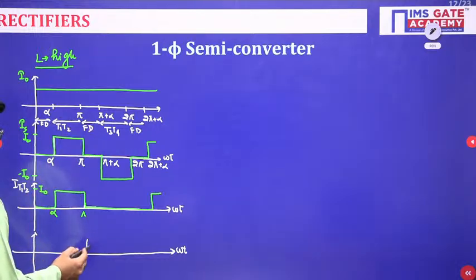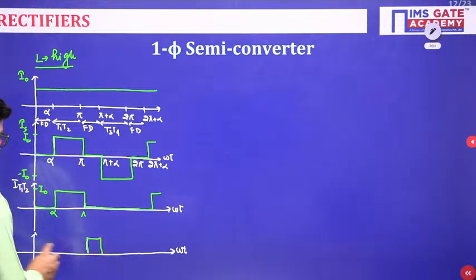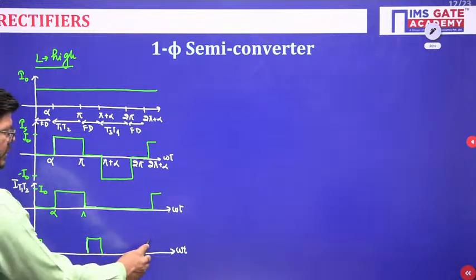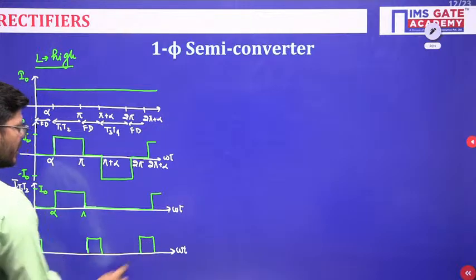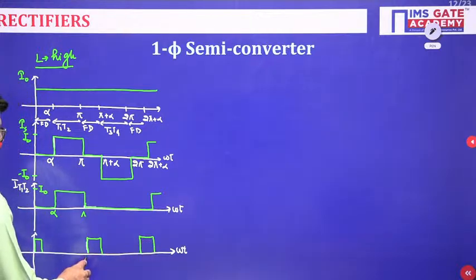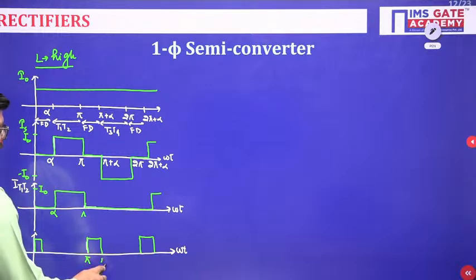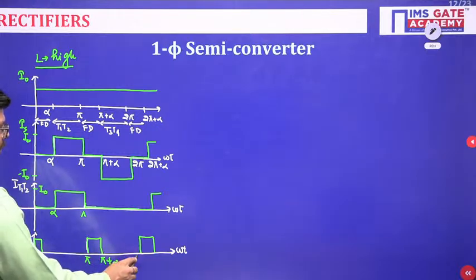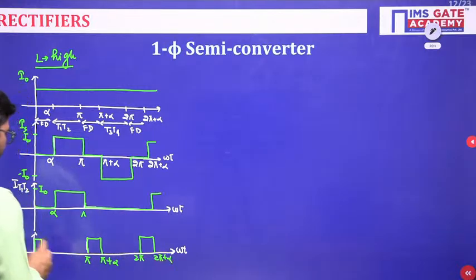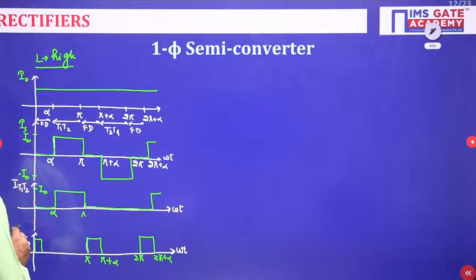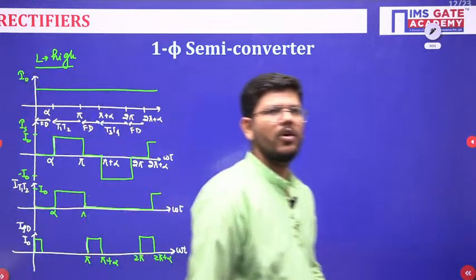Okay, so from every pi to pi plus alpha, or 2 pi to 2 pi plus alpha, we will be having freewheeling diode current. So let me call this pi, and this is pi plus alpha. This is 2 pi and this is 2 pi plus alpha. Magnitude is I naught. This is the freewheeling diode current. So just see, we have plotted all the waveforms here.